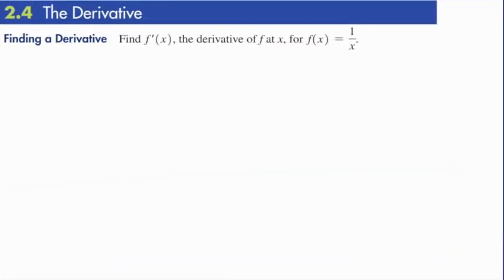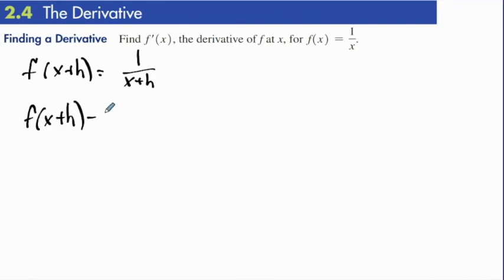Here's an example finding f prime of x, given that f of x is a rational function, 1 over x. So once again, we start with our f of x plus h. And then we evaluate f of x plus h minus f of x. And we see we have two fractions with different denominators.